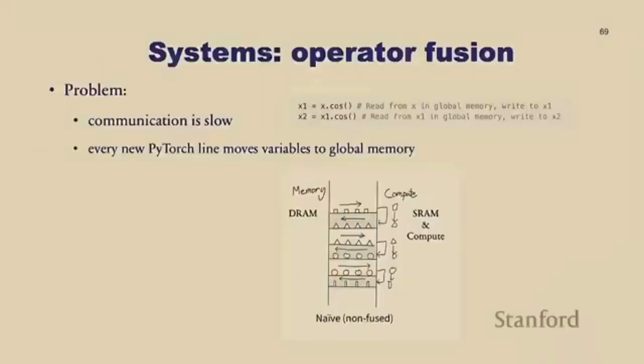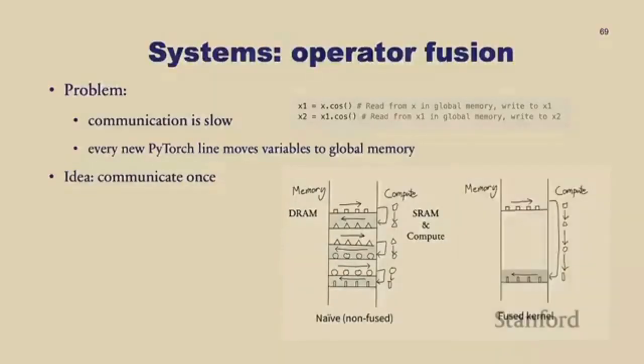Another way to see that is that you go from your DRAM, which is the global memory in your GPU, you ship it to compute, and you ship it back for every line. This is a naive way of doing it. This seems very wasteful. So the simple idea of operator fusion is just communicate, do all the computation, and ship it back once. And this is exactly what fused kernels are.